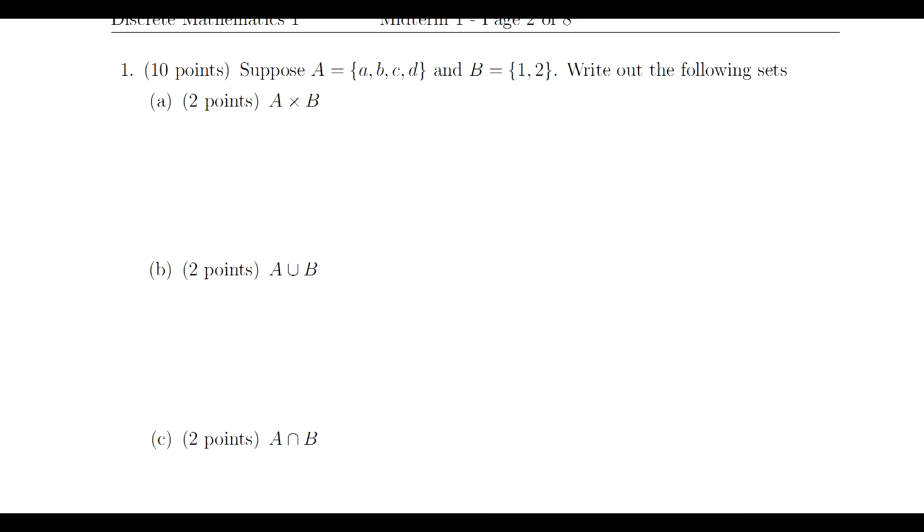So here's some basic set theory. Suppose A is the set {a, b, c, d}, and B is the set {1, 2}. We want to write out some sets here. So what is A cross B? Well, A cross B is the set of ordered pairs. In each ordered pair, the first element comes from set A, and the second element comes from set B. And these are going to be all the combinations.